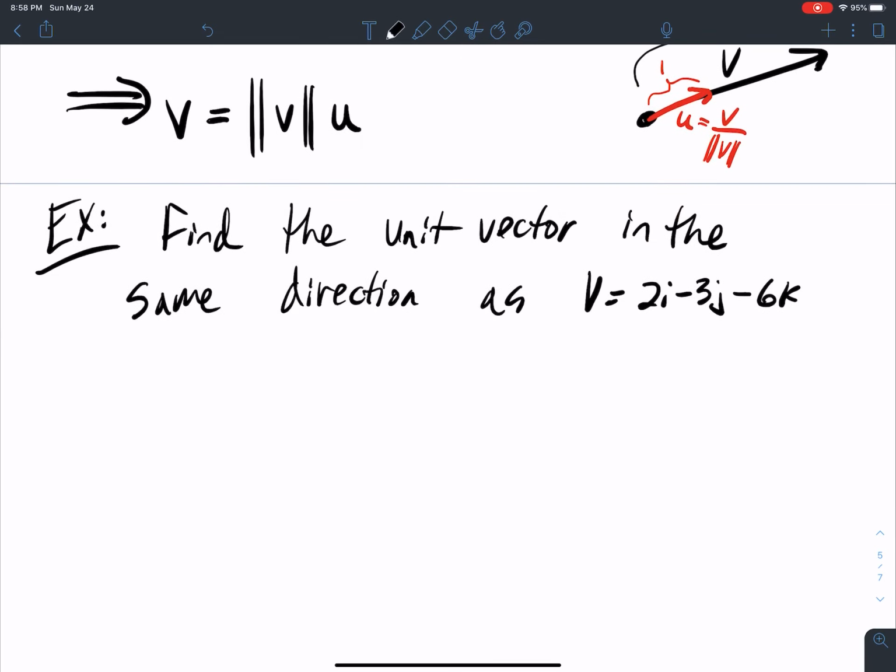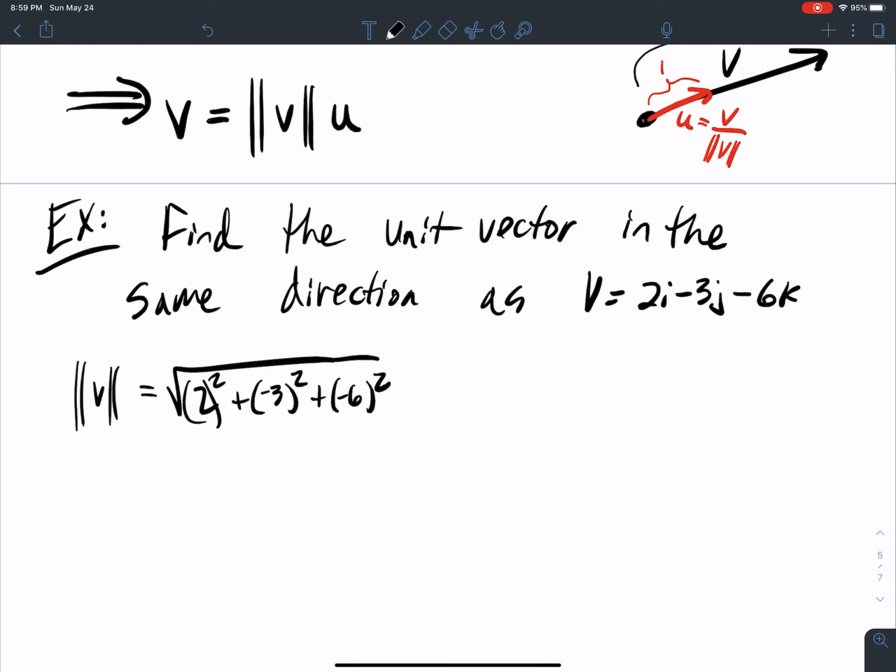So to do this, I need to calculate the magnitude of v, which is the square root of 2 squared plus negative 3 squared plus negative 6 squared, which equals square root of 4 plus 9 plus 36, which equals the square root of 49, which is 7.